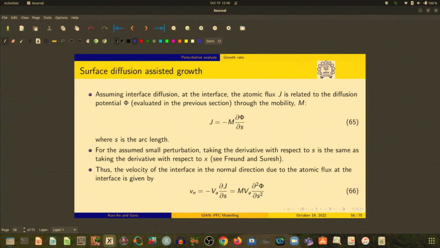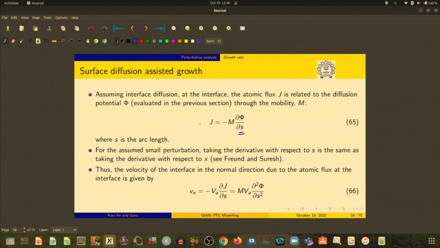So, let us say that we have interface diffusion, and at the interface the atomic flux will be given by the gradient of the diffusion potential, right. I am considering this curved interface, I am considering the interface diffusion. So, if the interface is parameterized by S, dou phi by dou S multiplied by mobility will give me my flux.